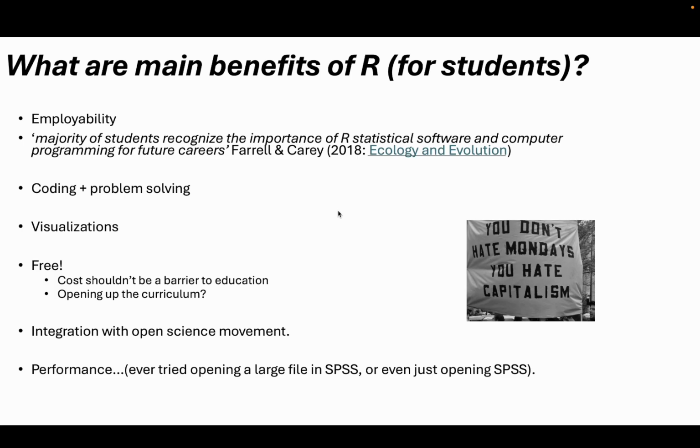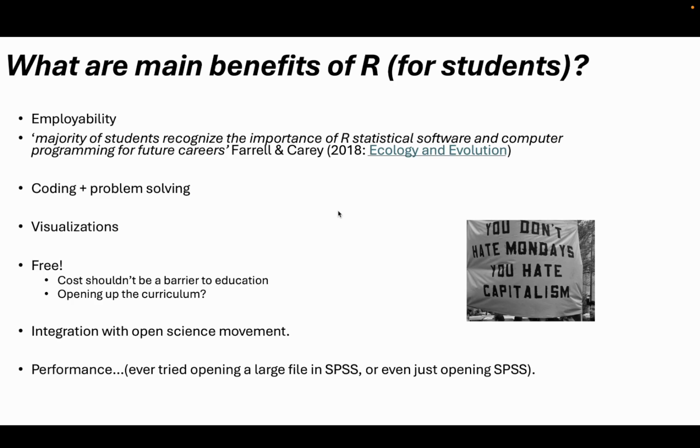But what about the main benefits for R? Now, I've separated this into the main benefits of R I see for students, but also for teachers. So one of the main benefits, which I think I have touched on briefly, is its employability. And I think this will continue to be one of the largest benefits for undergrad teaching moving forward, as more and more of the public and private sector move away from things like SPSS, which is cost prohibitive for them, especially if they can use free open source software.